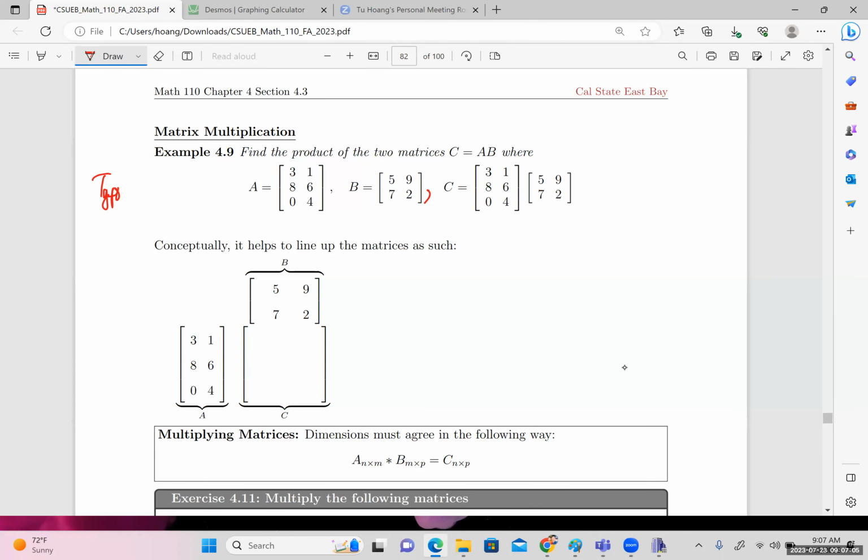Okay, and we're gonna have multiplication between matrix A and matrix B.